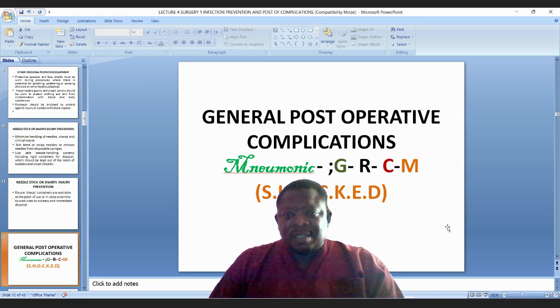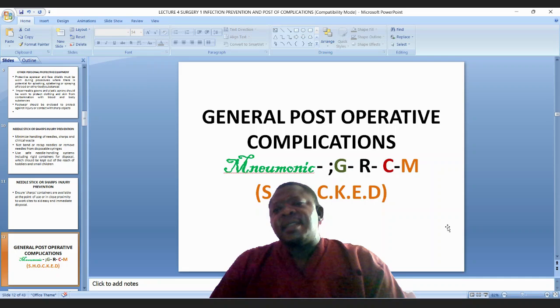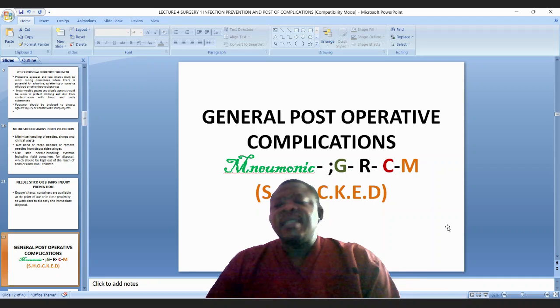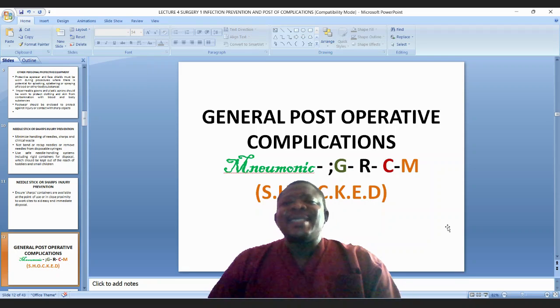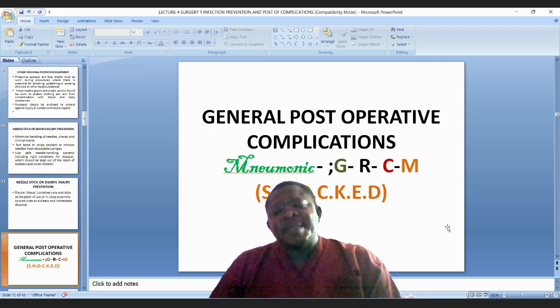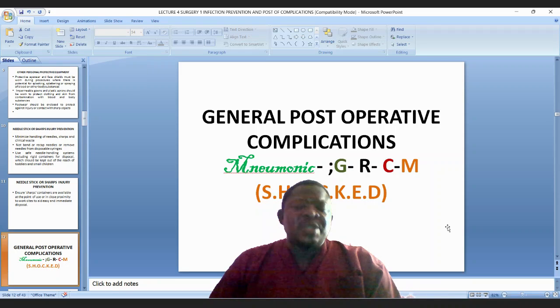That is foreseen. Then E is evisceration, a complication affecting the musculoskeletal or integumentary system. There is dehiscence, to do with wound complication, affecting the integumentary or musculoskeletal system.